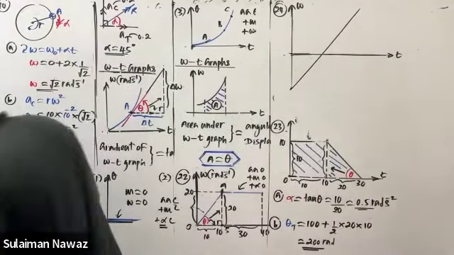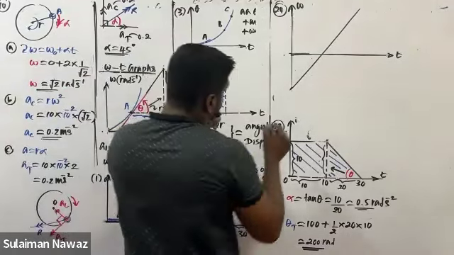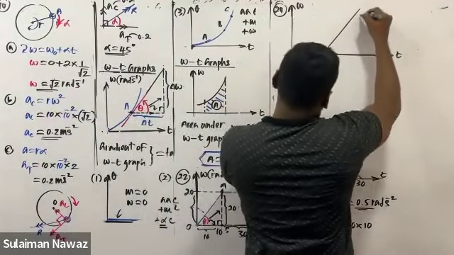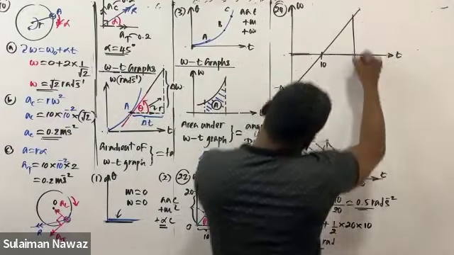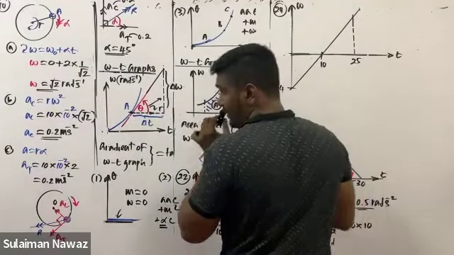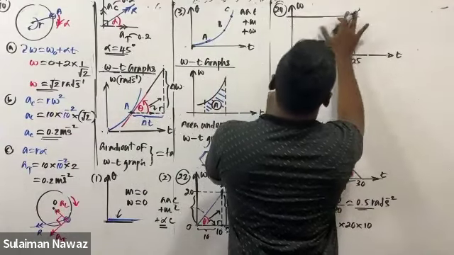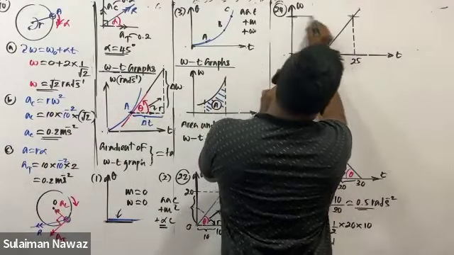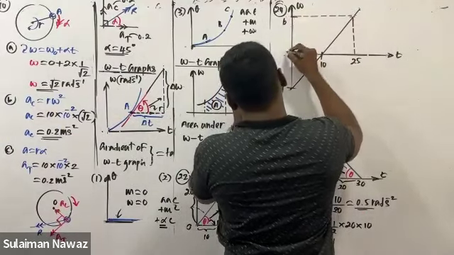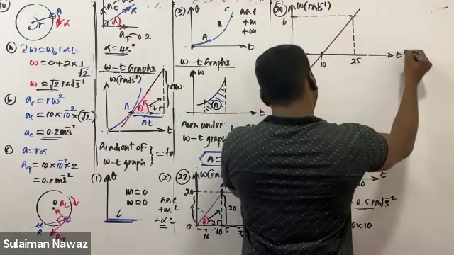They have given these values: -4, 10, 25, and this gap is 6. Omega is measured in rad per second, time measured in seconds.